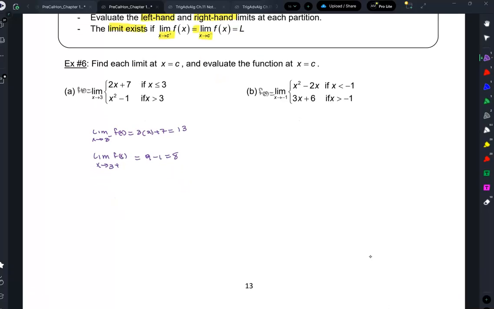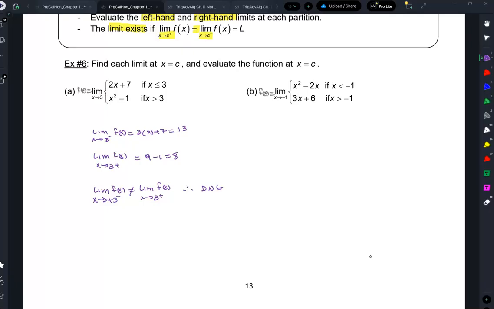So limit of f of x as x approaches 3 from the minus side is not equal to the limit as x approaches 3 from the positive side. Therefore, limit does not exist.